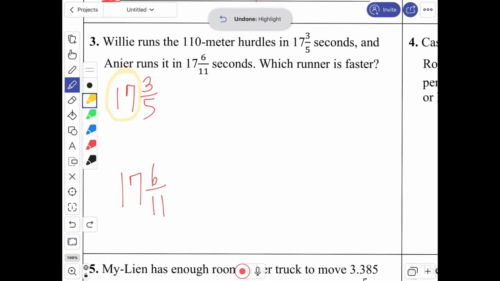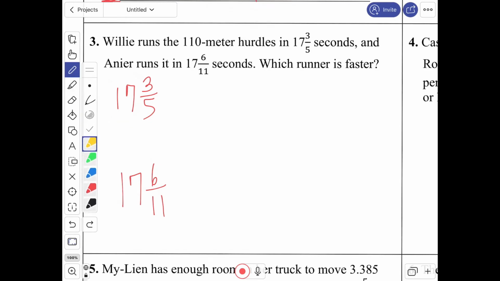I think it might be a little bit difficult to have to divide out 6 and 11. So what if we just looked for a common denominator? Anybody see a common denominator? I think 55 will work.